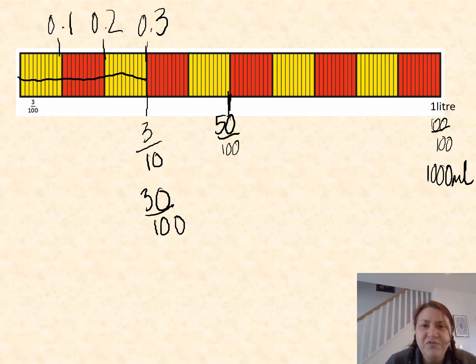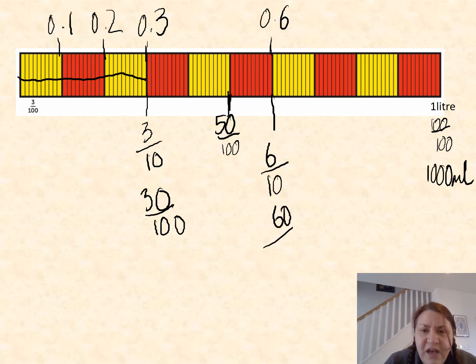But this line is really useful because we can go smaller. So we can say, although here is 0.6, which would be 6/10 or 60 out of 100, we could also come a bit further along to here, which is halfway between 0.6 and 0.7, and say we're actually 65 out of 100.